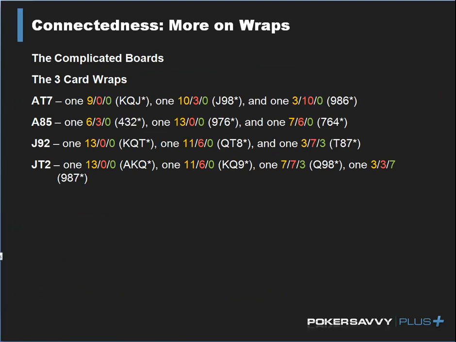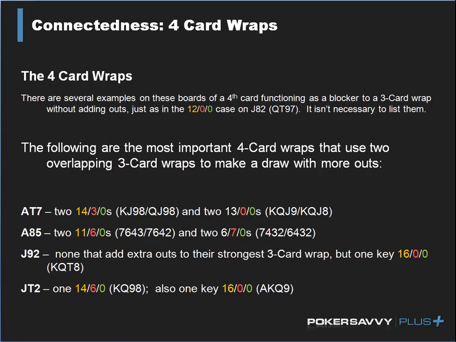There are a couple of ways that you can make a 4-card wrap, or have a wrap that has 4 cards and modifies those wraps a little bit, but what it doesn't do is ever add extra outs. You can't create a 20 wrap on those boards, for example. You can't take those 13 wraps and really turn them into a bunch of other 17 wraps like we did up here by tacking on random gut shots that were available.